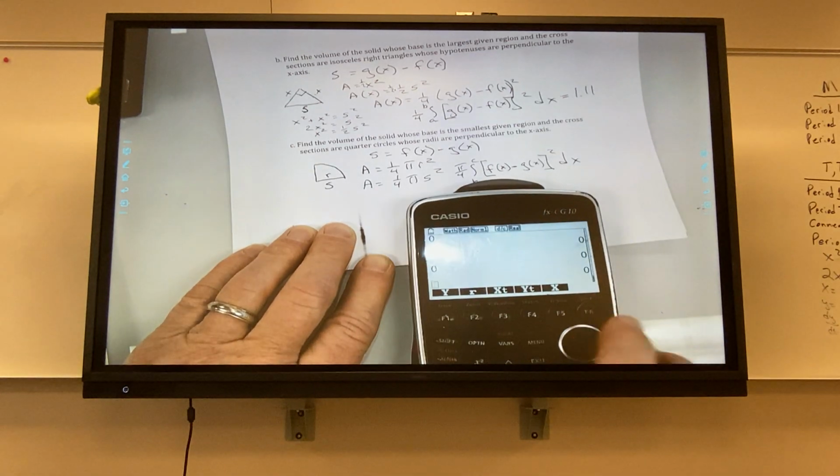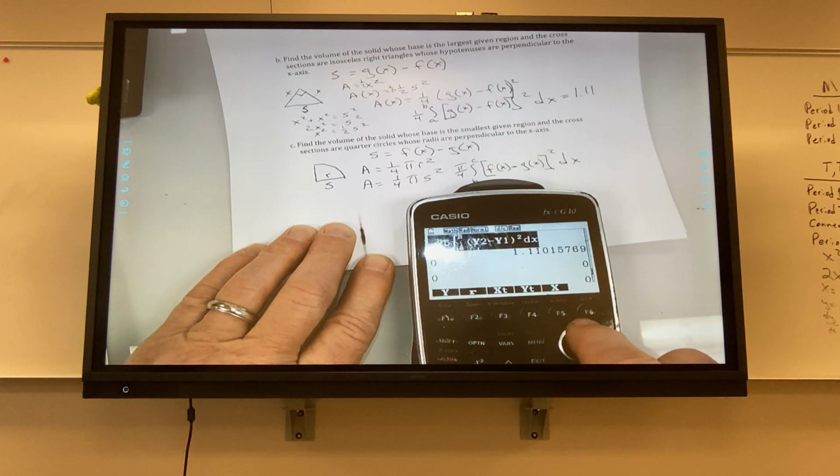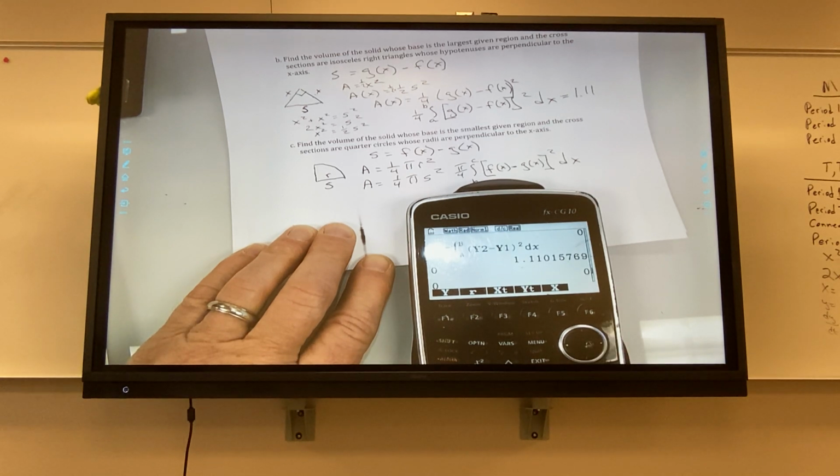So I'm going to come back up to here. I got a lot of zeros. I'm going to get rid of this first and we'll go parentheses, because I think I've had problems when I put this in without parentheses. I'm going to make that a 1.